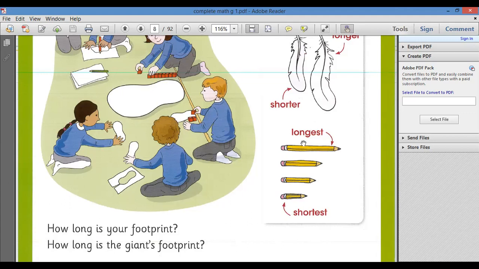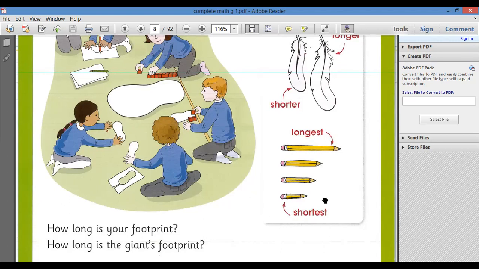Longer and shorter we use when we are making comparison between two things, but longest and shortest means we are not making comparison, we are just saying that it is the longest. There is no other pencil that is longer than this, it is the longest one.